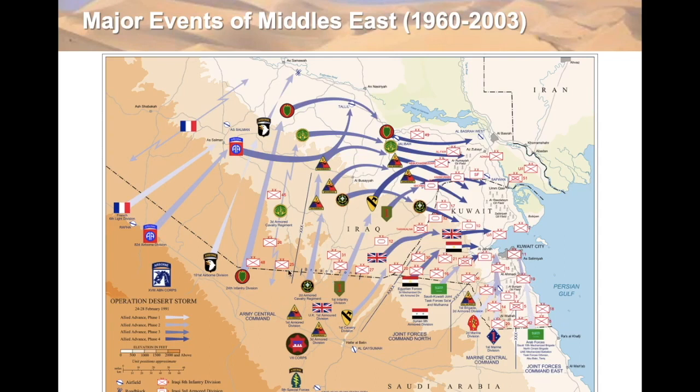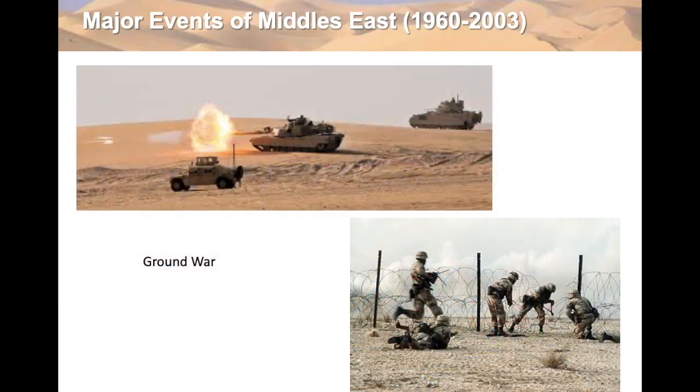They cut them off from their escape. General Schwarzkopf was in charge of this whole campaign, and he made a famous statement. He said his campaign strategy was to cut them off and kill them. That was his strategy.